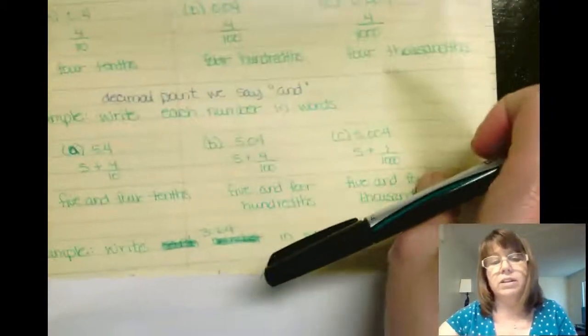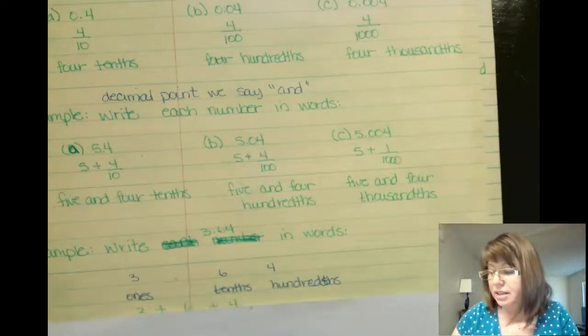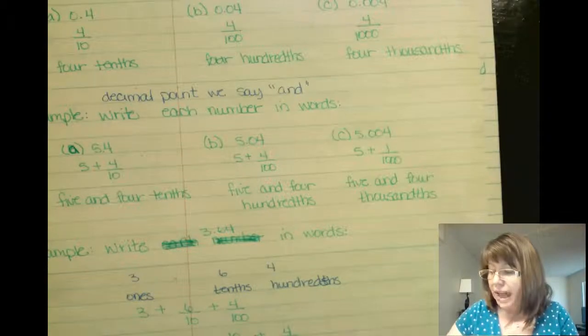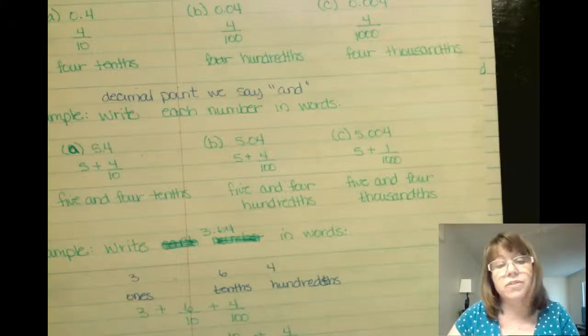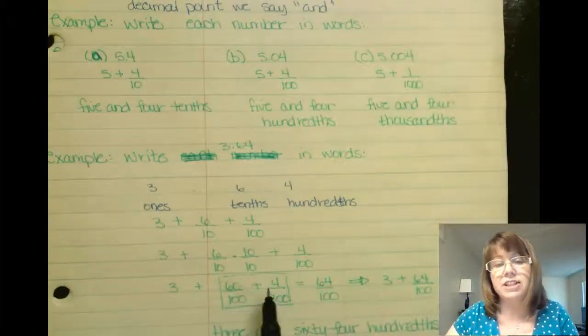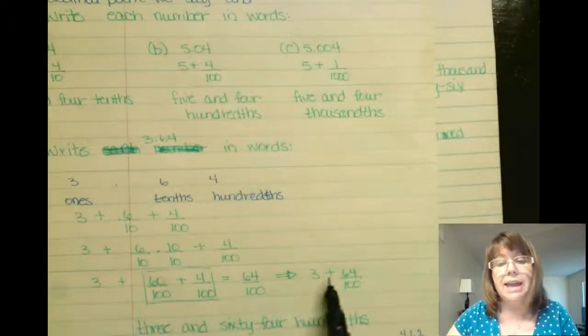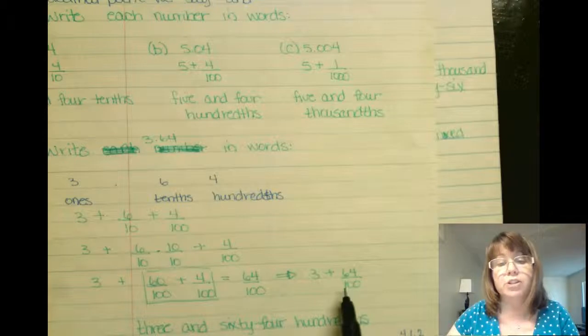So let's try one. 3.64. In words, it's 3 ones, 6 tenths, and 4 hundredths. What we say is we add the fractions together by finding the common denominator, and we end up with 3 and 64 hundredths.